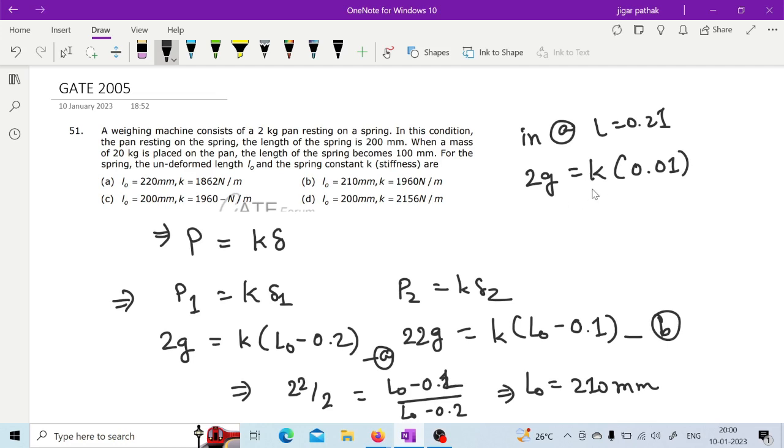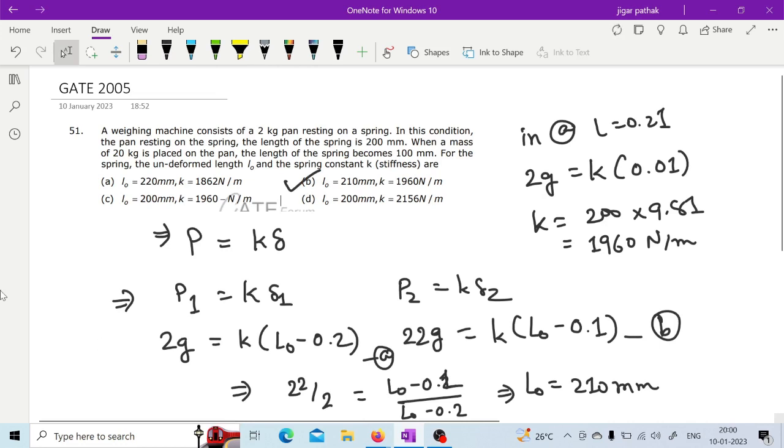So from this you will get K. So K is equal to 2 divided by 0.01, which is 200, into 9.81. So this will give you 1960 Newton meter. This is how you will get this B. So everyone is getting this?